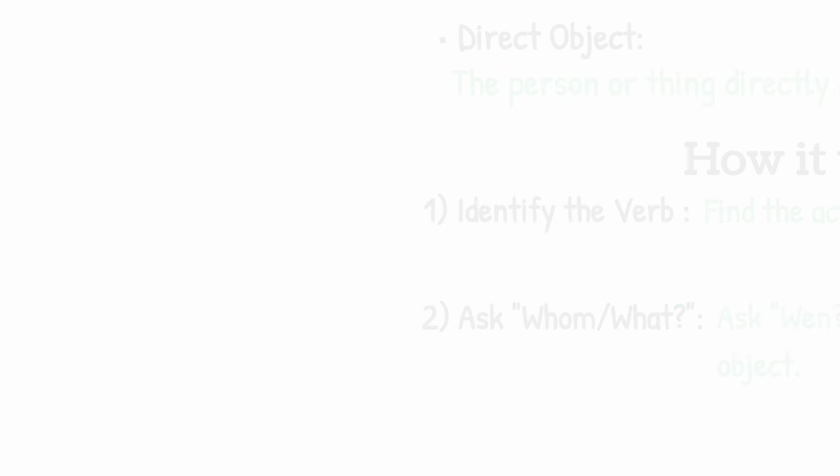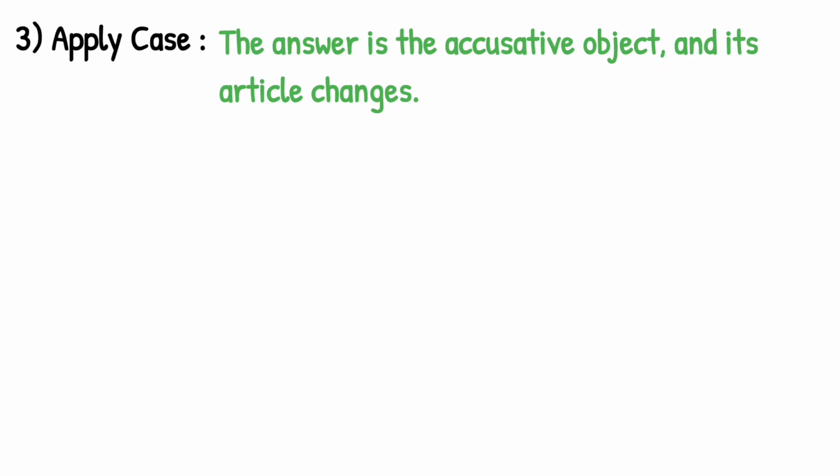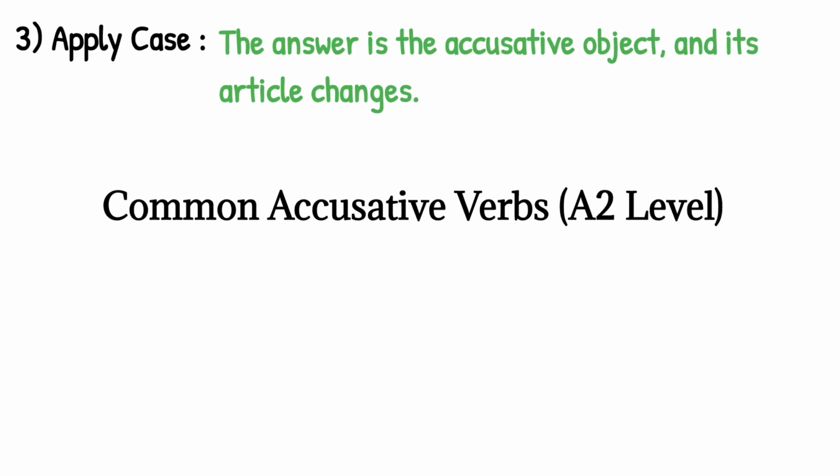And third, apply case. The answer is the accusative object, and its article changes. In the German accusative case, only masculine articles change, while feminine, neuter, and plural articles remain the same as in the nominative case. Common accusative verbs for A2 level.